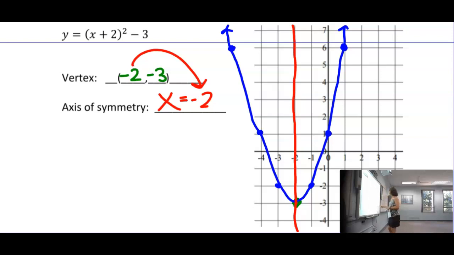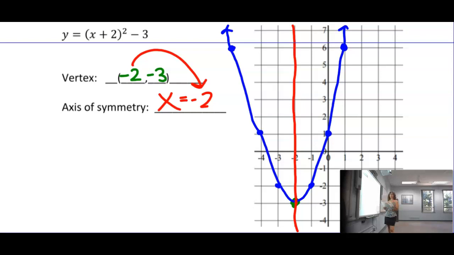I go over 2 to the left, down 3. I can fold on -2, so that's my axis of symmetry, comes directly from my x value. And then I went over 1, up 1, over 1, up 3, over 1, up 5 on both sides of my axis of symmetry, and this is my graph.